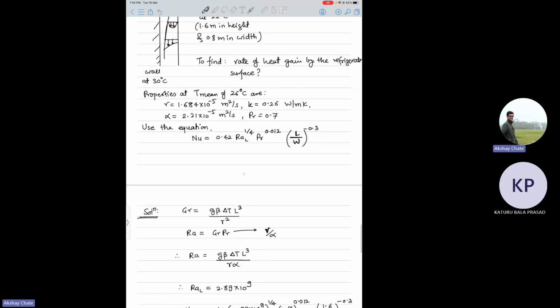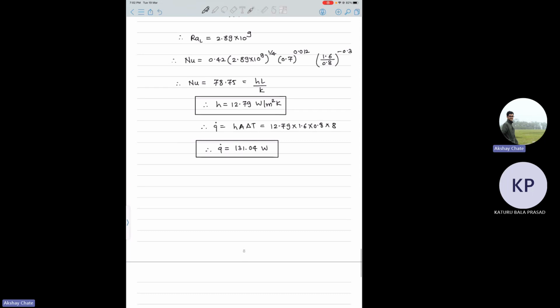Then there is another type of question, not difficult, it's just a slightly different flavor, you can say. So in a room there is a sliding glass door. There is a glass door of rectangular cross-sectional area in a room like this.